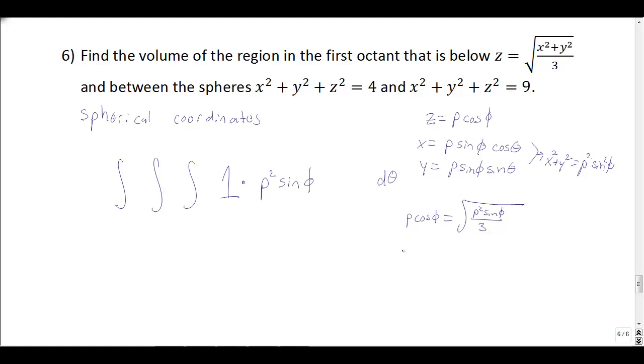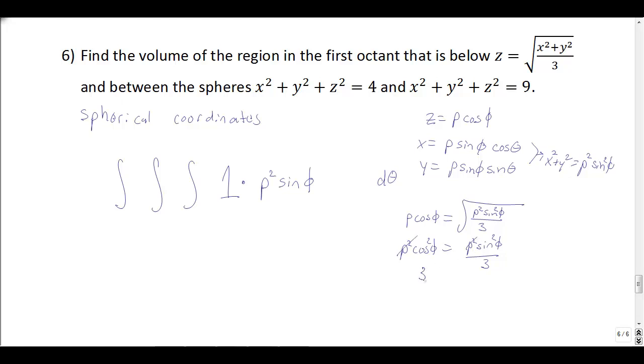Square both sides and get rho squared cosine squared phi equals rho squared sine squared phi over 3. I multiply by the 3 and cancel the rho squareds.